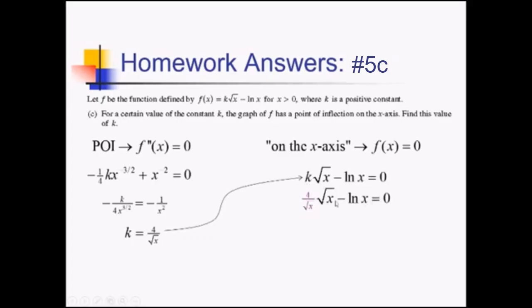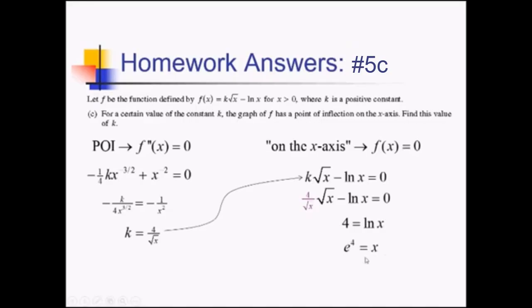The nice thing about this, it just so happens these radical x's are going to cancel. So you have 4 minus ln of x equals 0. So then I can write, if I add this over to the other side, 4 equals the ln of x. And then just solving this, I just raise e to both sides. So we have e to the 4th equals x.